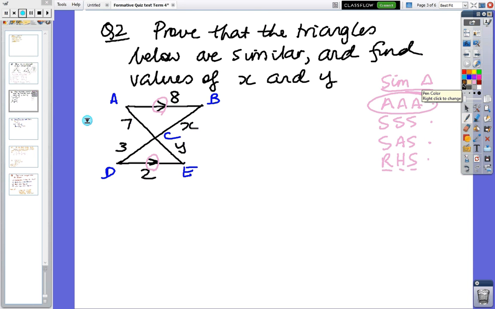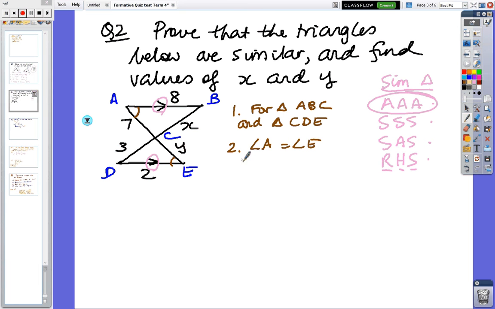Okay, so hopefully you've had a think about it. So for triangles ABC and triangle CDE. Okay, so angle A equals angle E, and the reason is alternate angles.